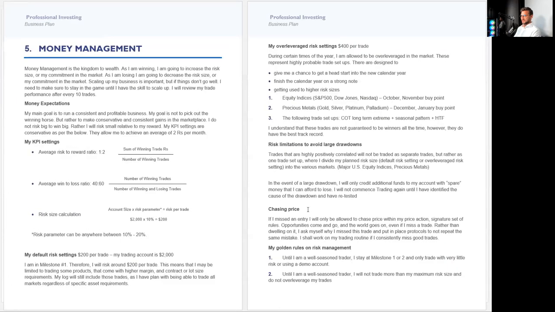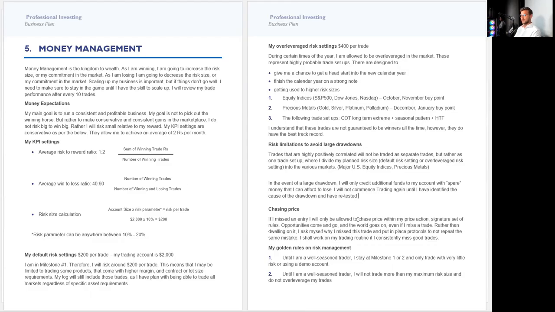What about chasing price, right? As we talk about all of this, chasing price is something that probably all of us have done in our lifetimes as traders before. It's when we miss an entry and we see price rallying or dropping without us, and we jump the gun and jump into the market.